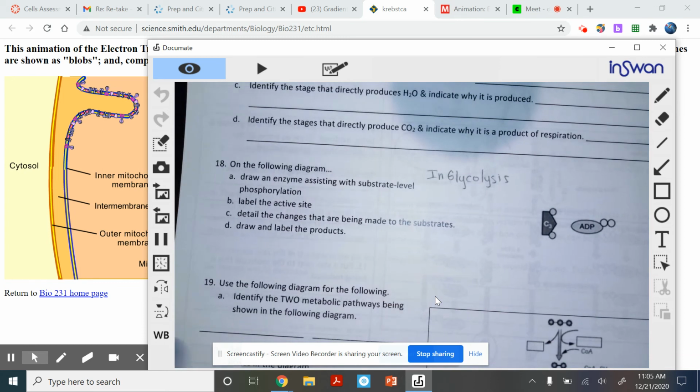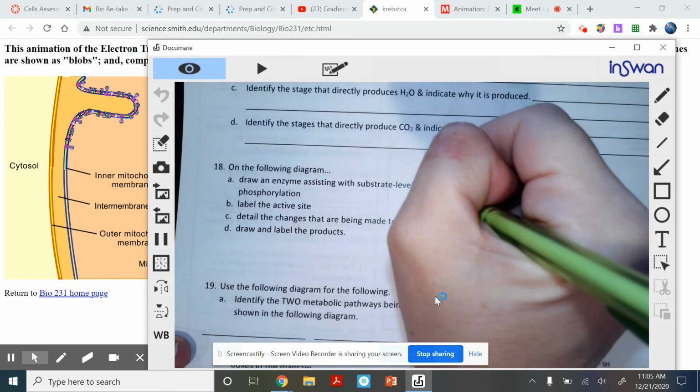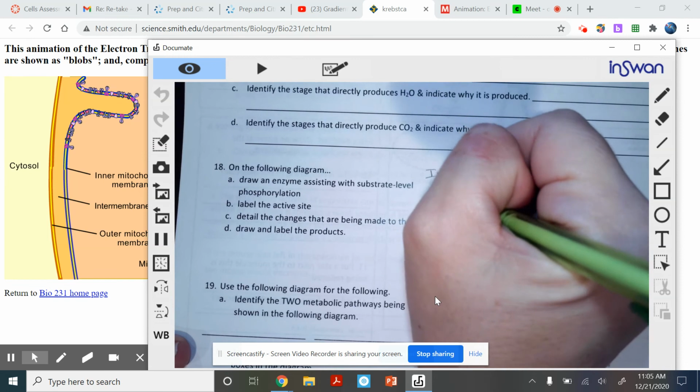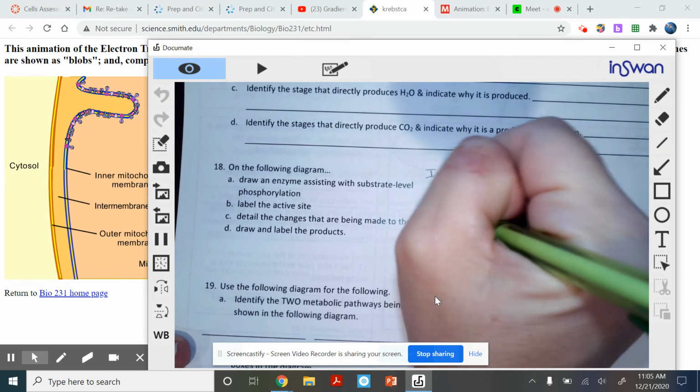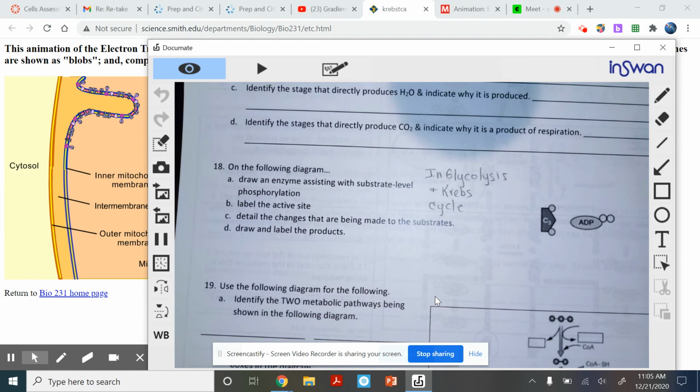This is also how ATP is made in the third step, which is called the Krebs cycle. They like to ask that question: at which 2 levels is substrate level phosphorylation occurring? So we're going to say in glycolysis, and the Krebs cycle, which is the third step. We'll get to that in a second.